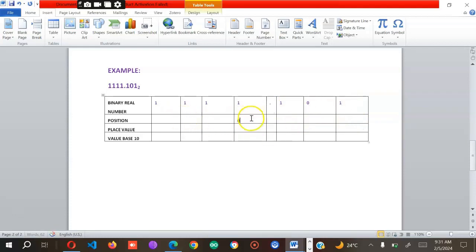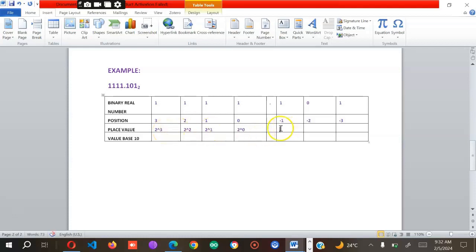So as usual, this is supposed to be 0, 1, 2, and last 3. This is supposed to be negative 1, negative 2, negative 3. Then this is supposed to be 2 raised to power 0, 2 raised to power 1, 2 raised to power 2, 2 raised to power 3.